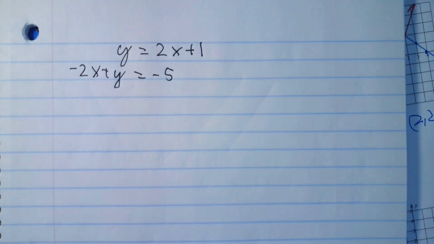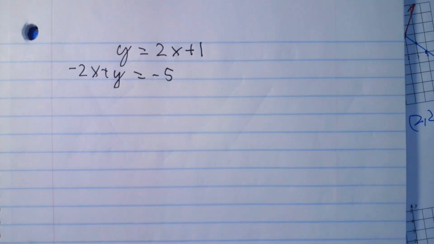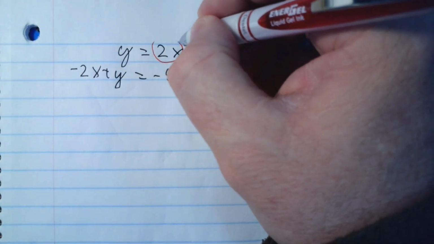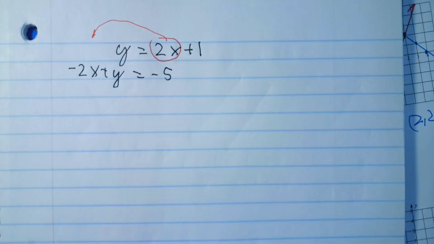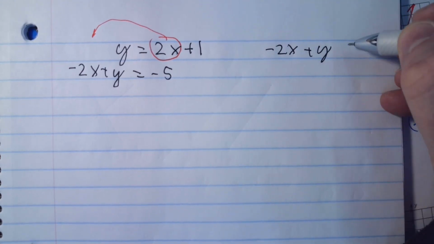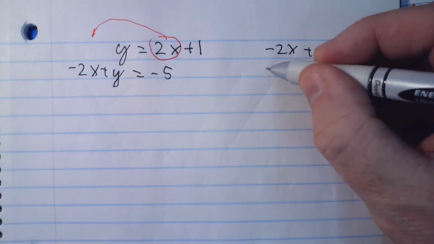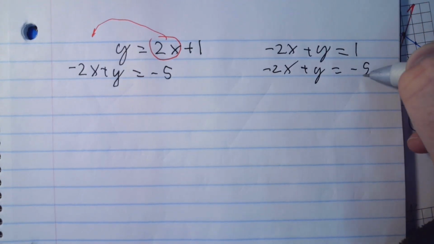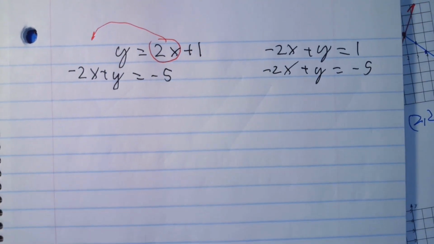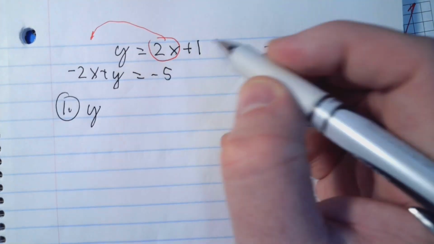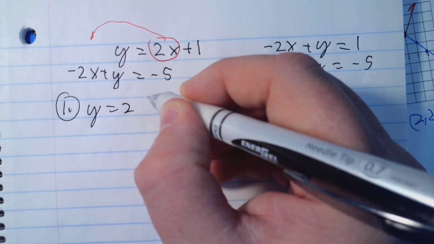So I'm going to write this two ways. Here's the substitution way. If I wanted to write it the other way, I would just have to move this guy over here. And that would be negative 2x plus y equals 1. Negative 2x plus y equals negative 5. Okay, so I'm going to work it both ways, just so you kind of remember which way you like it.